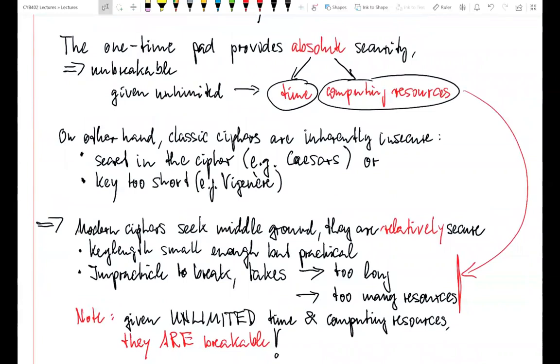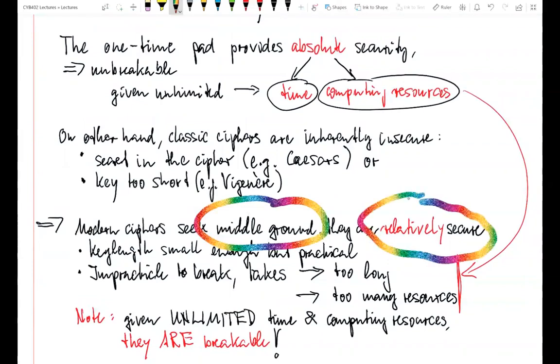And what modern ciphers seek to do is to get some middle ground. Okay. So this is important. And what we achieve here is relatively secure ciphers.